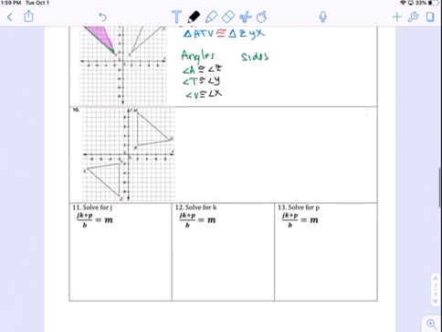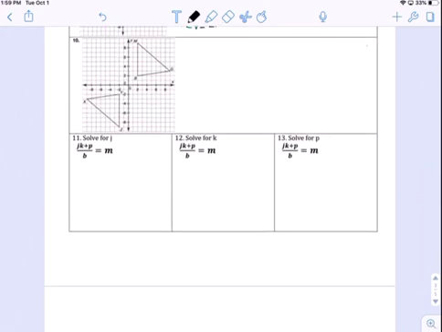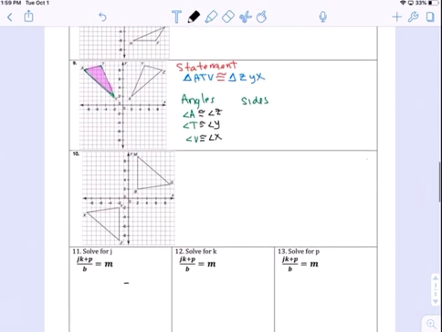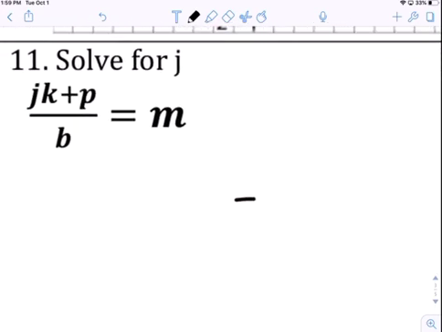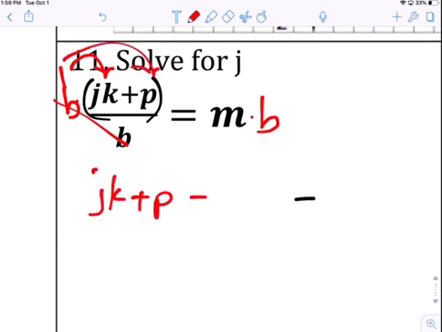Number 11. Let's do number 11. Get rid of B by multiplying it all by B. Divide 1, distribute, leaves it the same. JK plus P equals MB. We're solving for J, so subtract P first.